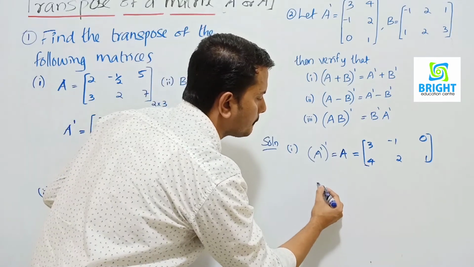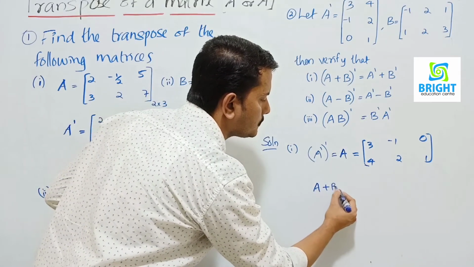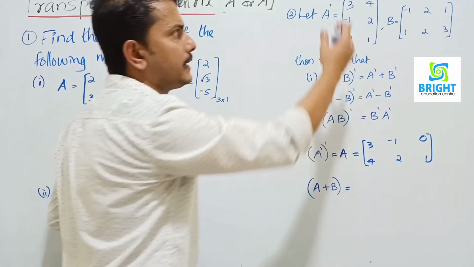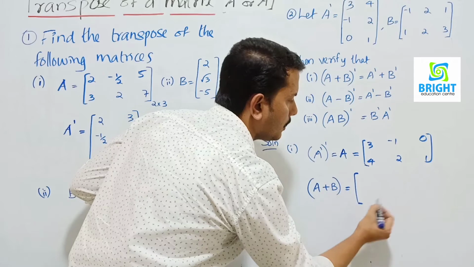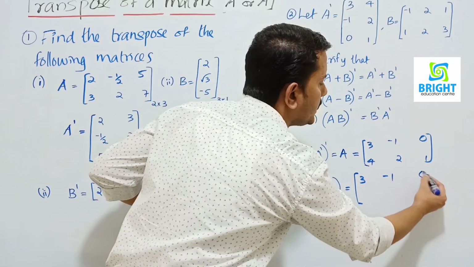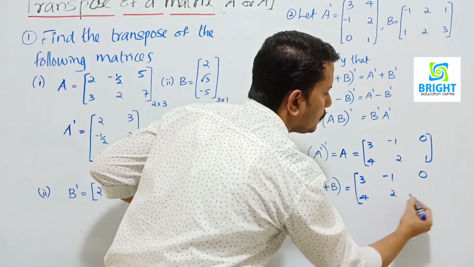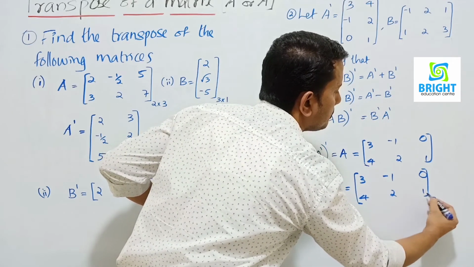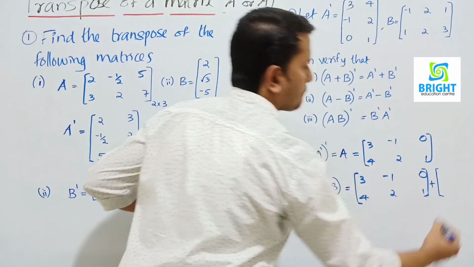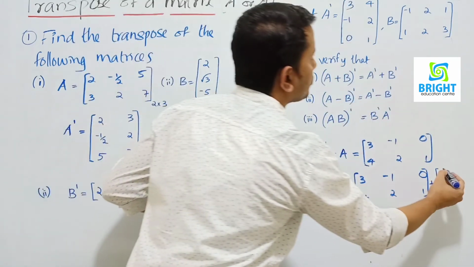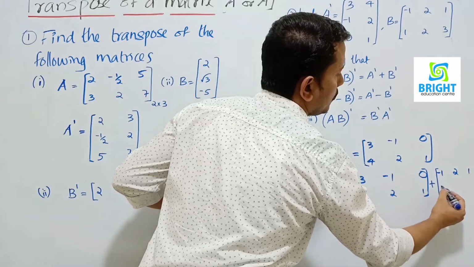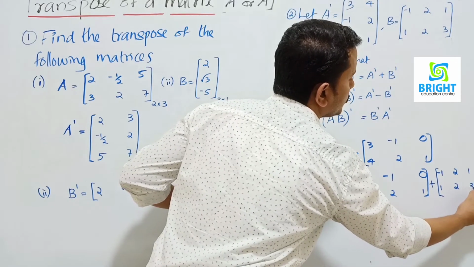A plus B is A plus B. How do you obtain A plus B? I'll be writing A and B. So addition that we discussed. 3, minus 1, 0, 4, 2, 1 plus B, which is minus 1, 2, 1, 1, 2, 3.